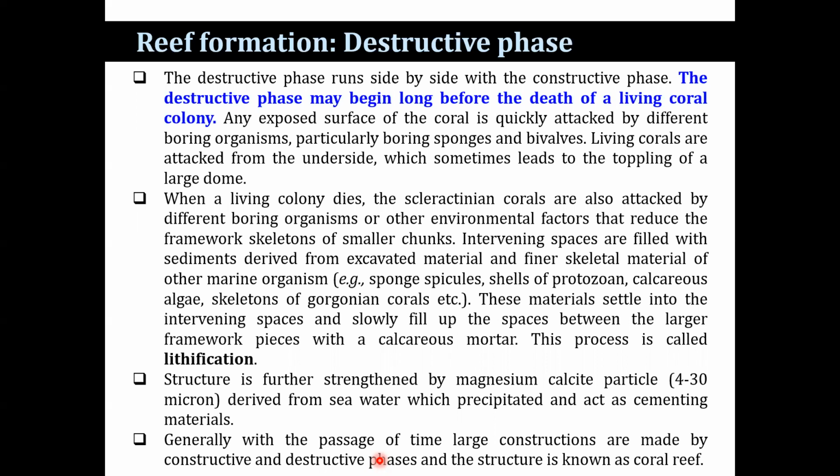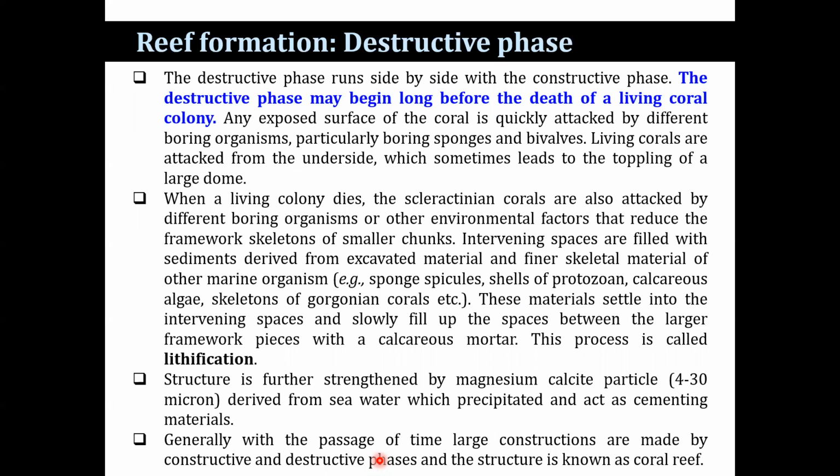Now the next one, the destructive phase, that is, reef degradation. The destructive phase runs side by side with the constructive phase. The destructive phase may begin long before the death of a living coral colony. Any exposed surface of the coral is quickly attacked by different boring organisms, particularly boring sponges and bivalves.